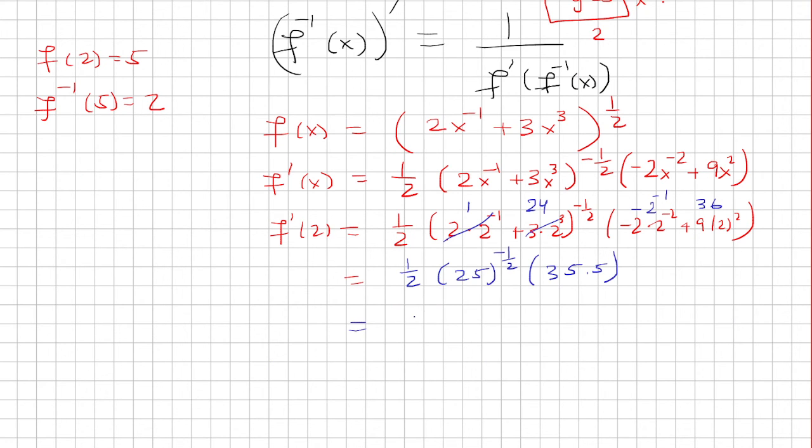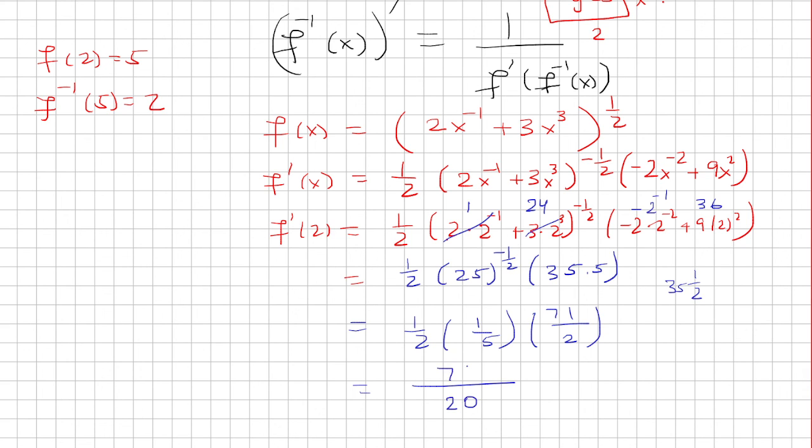Now we're going to rewrite this. So it's 1/2, and then 25 to the negative 1/2 is 1 over the square root of 25, which is 1/5. And then I'm just going to rewrite 35.5 as 35 and 1/2, which is just 71 over 2. So when I multiply this, 2 times 5 times 2 is 20.